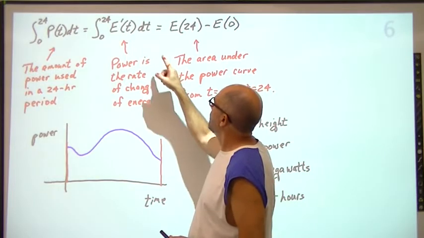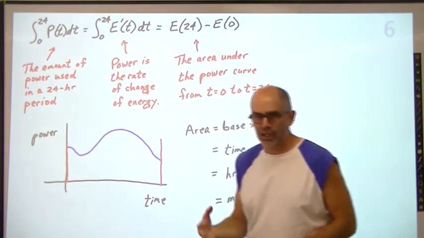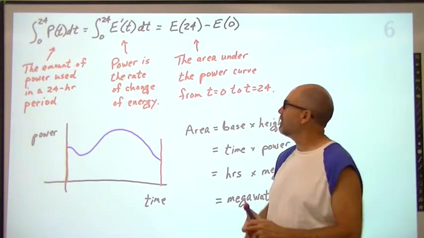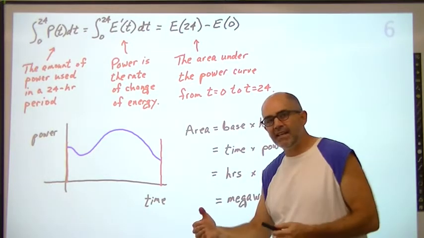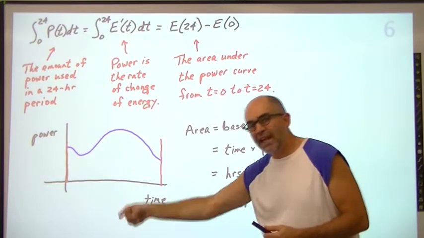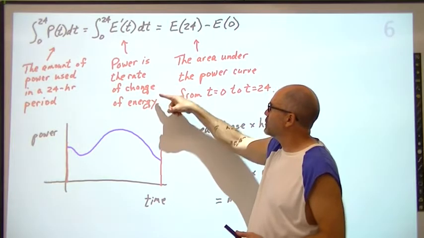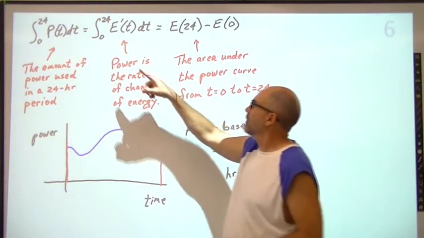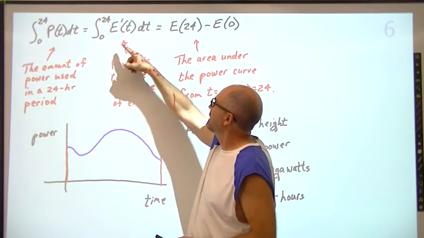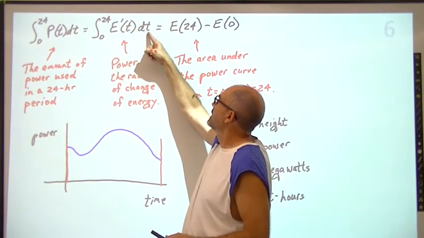Why is that? Because power is the rate of change of energy. So if I have a certain amount of energy, but I expend it at a certain rate, then that's my power. Power is the rate of change of energy. So, the integral from 0 to 24 of p of t dt is the integral from 0 to 24 of e prime of t dt.